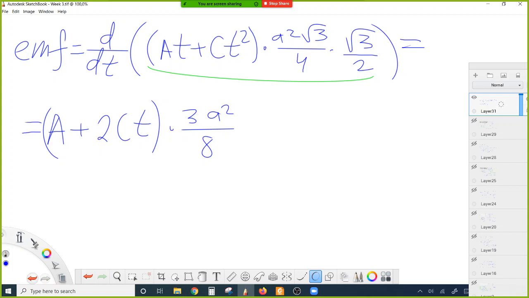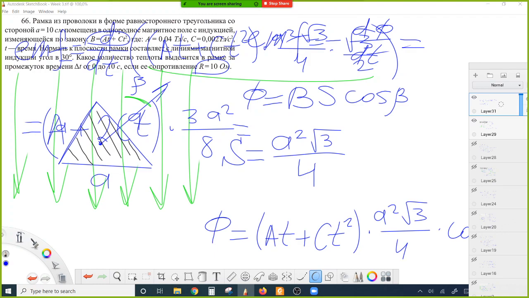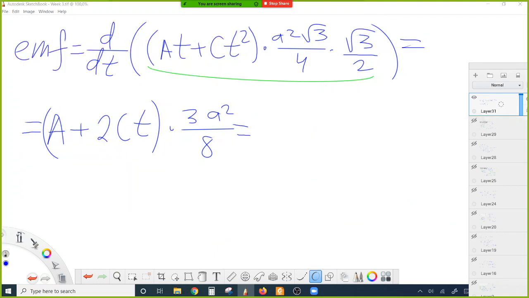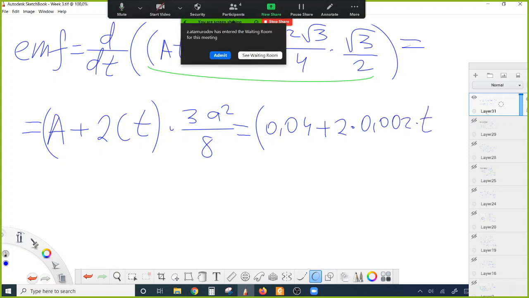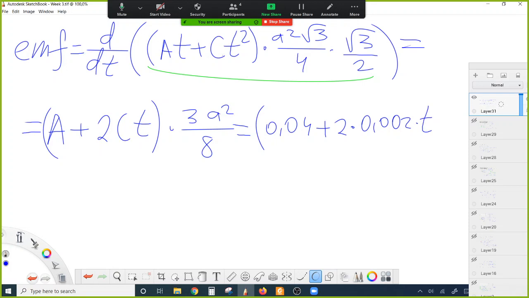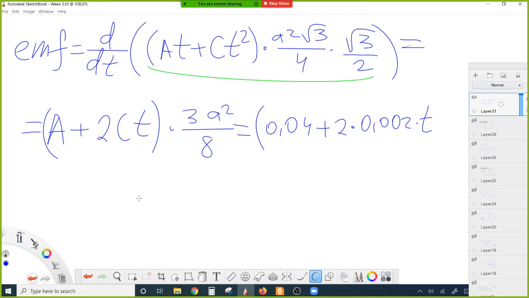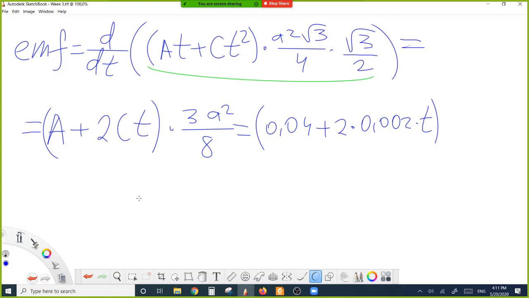And if we put the numeric values, A is equal to 0.04 plus 2 multiplied by C, which is 0.002, multiplied by T. Okay, multiplied by 3.